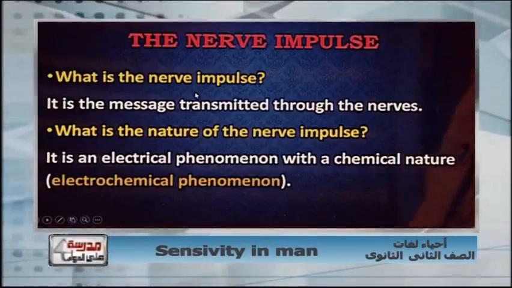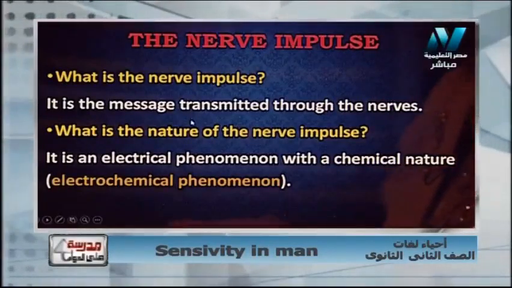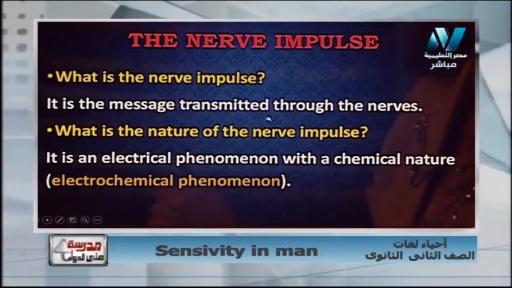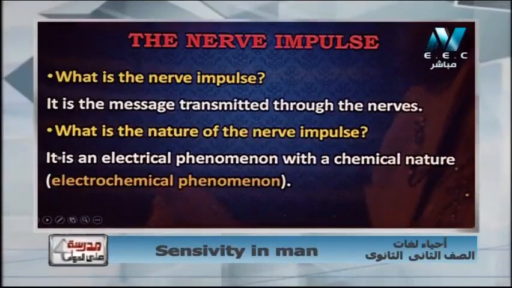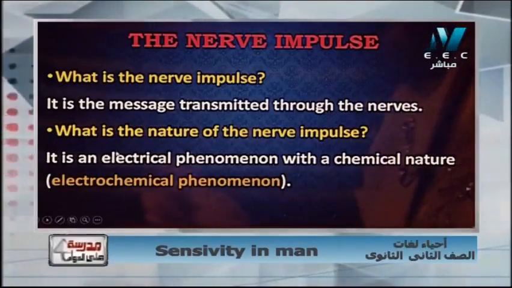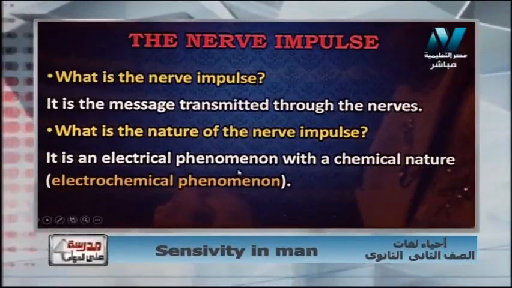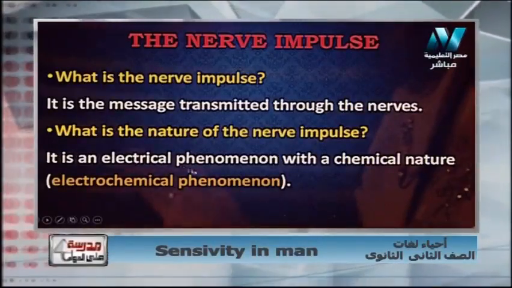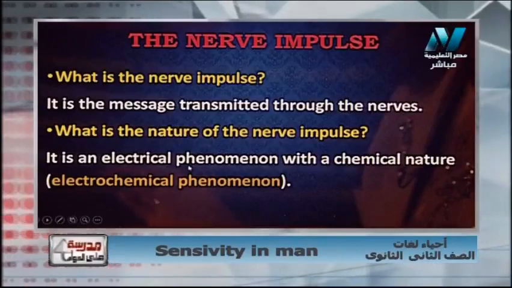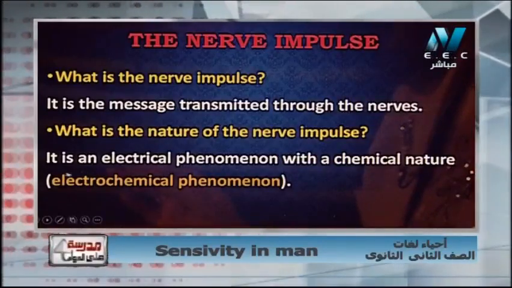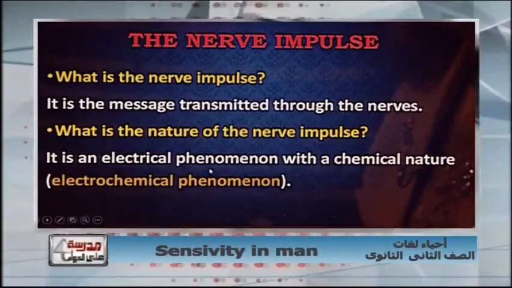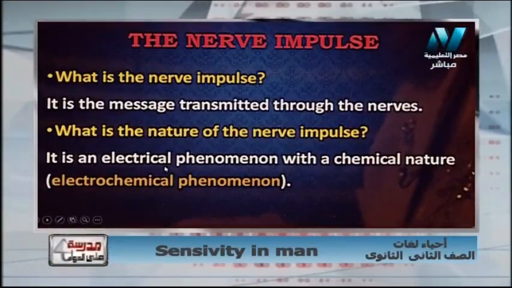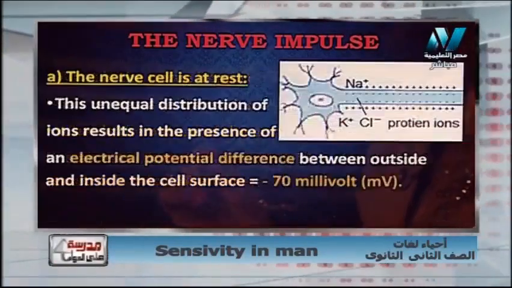The nerve impulse is a message transmitted through the nerve. The nature of these nerve impulses is an electrical phenomenon with a chemical nature. So we call it an electrochemical phenomenon. So the nerve impulses are electrochemical phenomena.